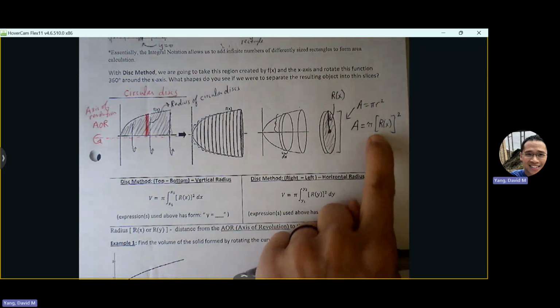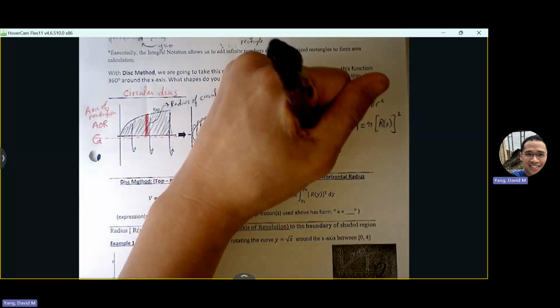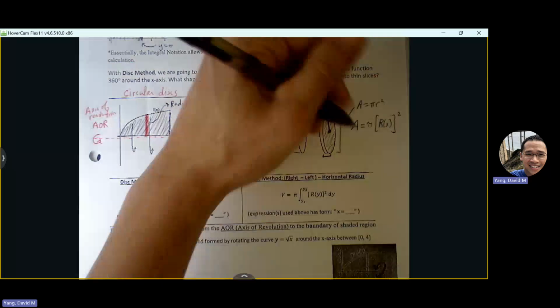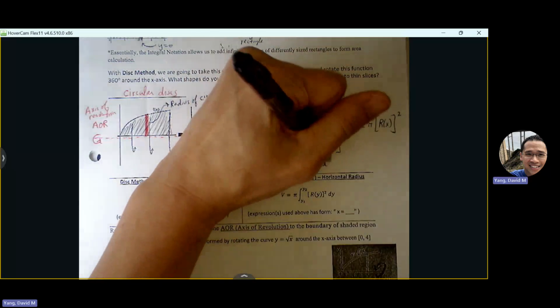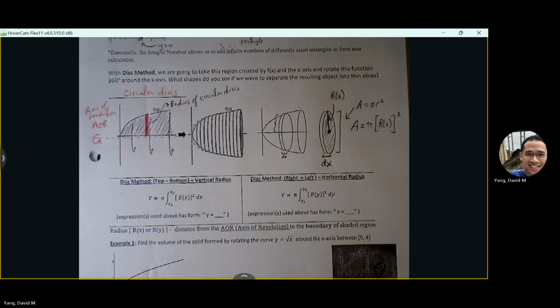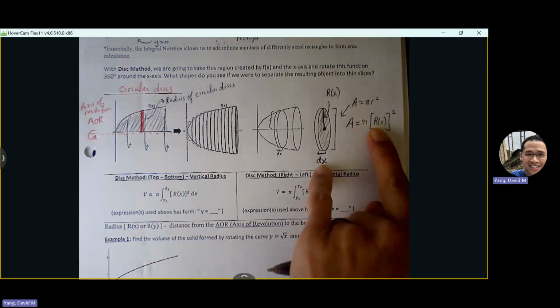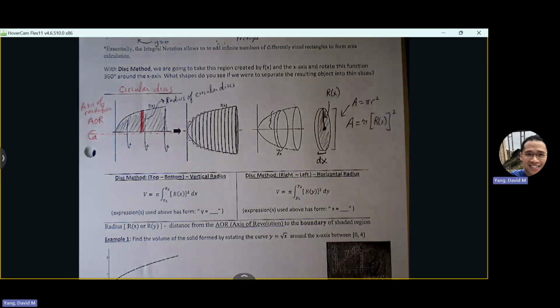Now, area is a two-dimensional calculation. And this infinitely thin width of this disc, we're going to call it dx. So if I have an area and a width component, that gives me that third dimension. Area is already two-dimensional, and that dx gives it the third dimension. Now we're going to add up these infinitely thin circular discs from one end to the other.